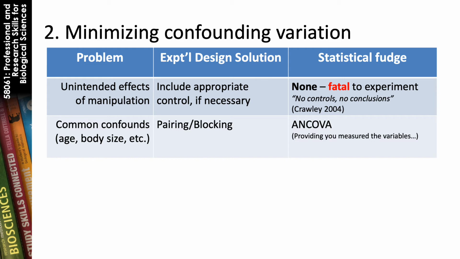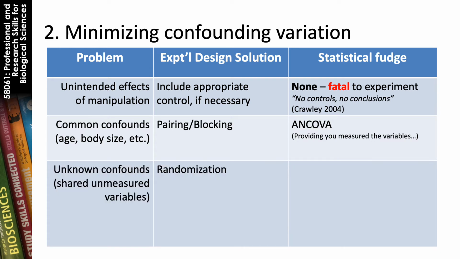But if you've done that, then often you can use an ANCOVA to statistically remove the effect of the confound and then look at the effect of your treatment group while accounting for the effect of your covariate. So ANCOVA is a potential statistical fudge if you have measured your potential confound.